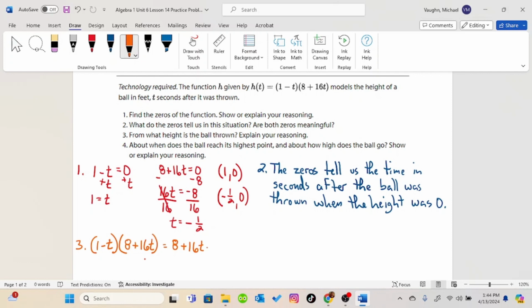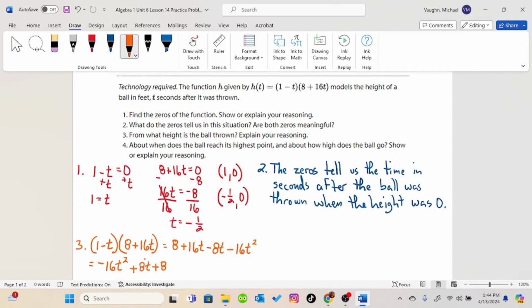Negative t times 8 is minus 8t. And negative t times 16t is minus 16t squared. I'm going to combine the t terms, and my standard form is negative 16t squared plus 8t plus 8.